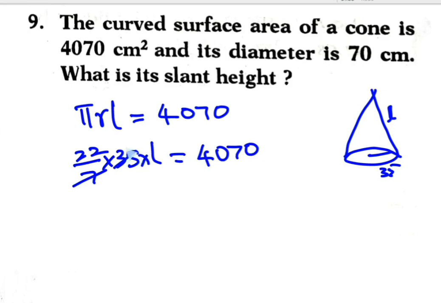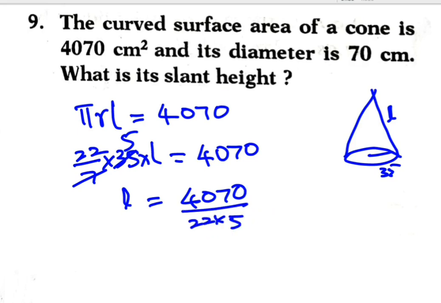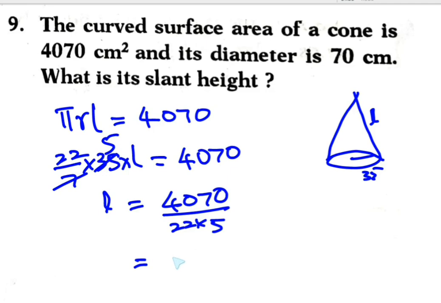Here 7 5s are 35. 22 into 5, L is equal to 4070 by 22 into 5, which equals 4070 by 110. So here 0 cancelled. 11 3s are 33 and remainder is 7, 77, 11 7s are 77. So L equal to 37. The slant height is 37 centimeters.